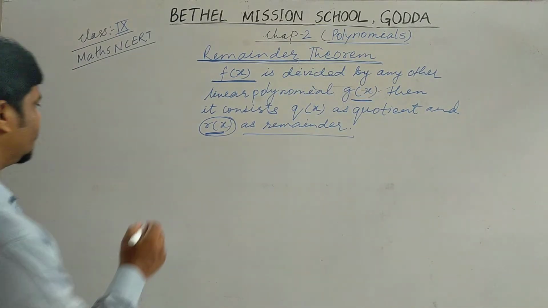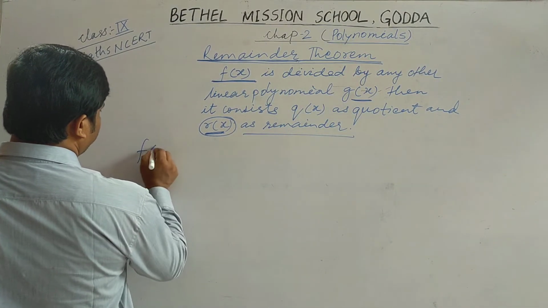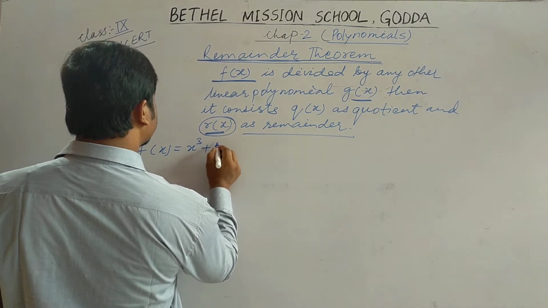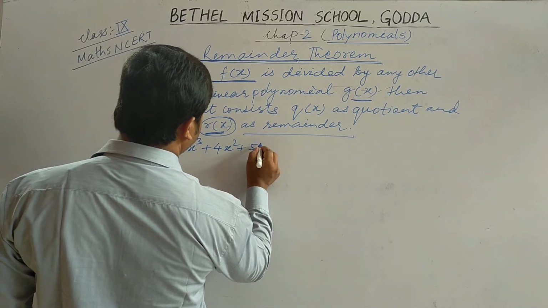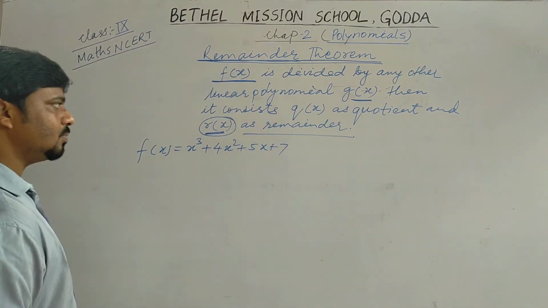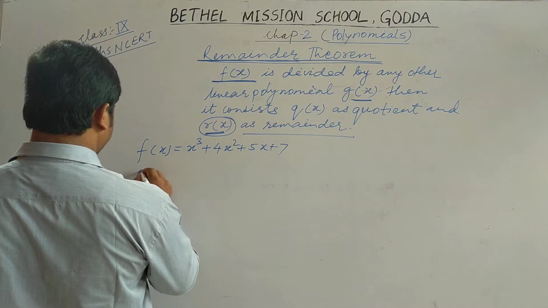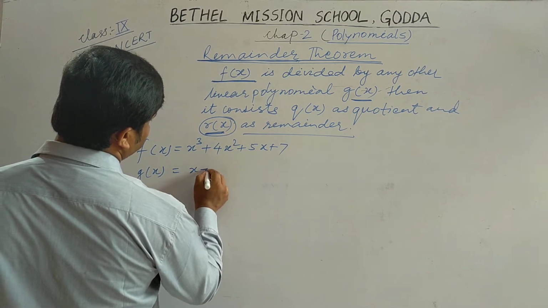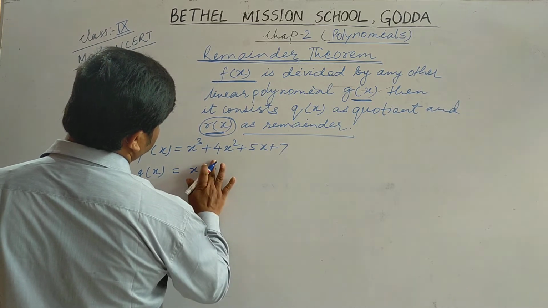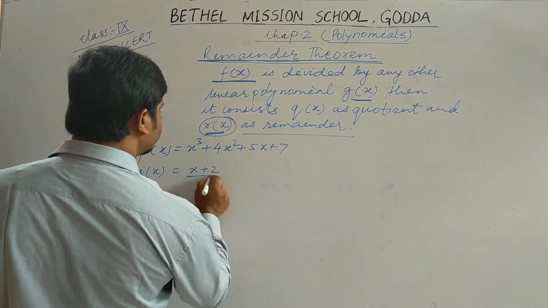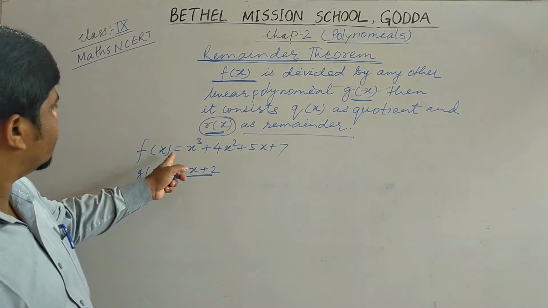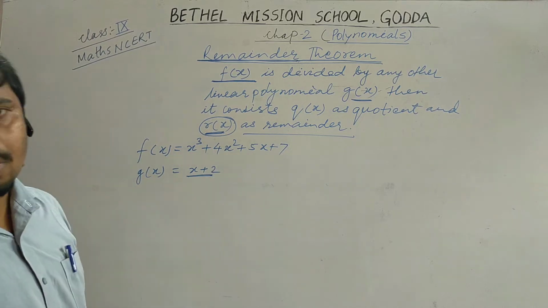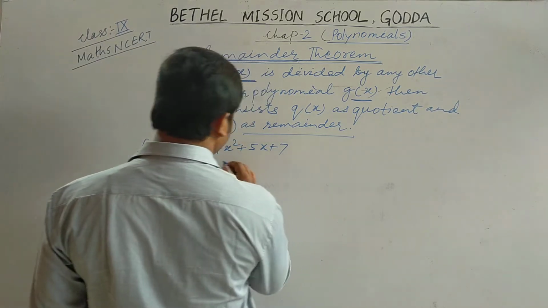The question is, if f(x) is x cube plus 4x square plus 5x plus 7 and g(x) is x plus 2, when this f(x) is divided by x plus 2, what will be the remainder?